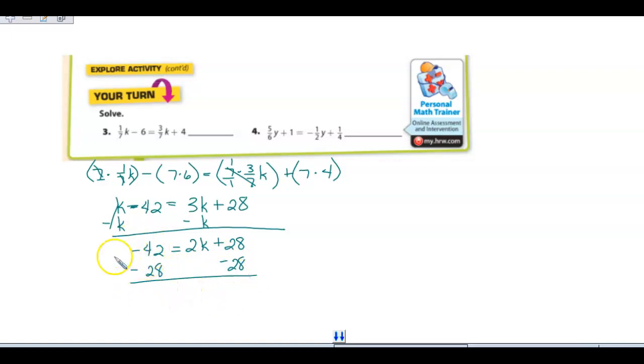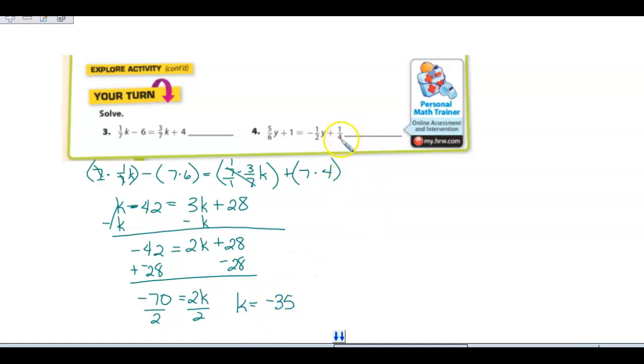This is going to be subtraction with a negative, so I'm going to change to add the opposite. And this is going to be negative 70 equals 2k. And divide both sides by 2. And k is going to equal negative 35.